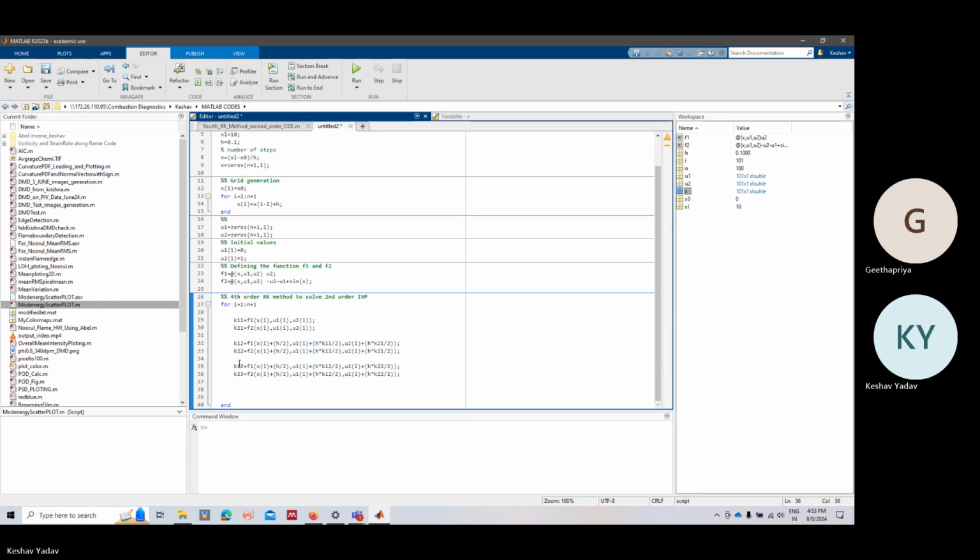Now K14, K24: this will be directly h, from first equation, third value, second equation, third value.